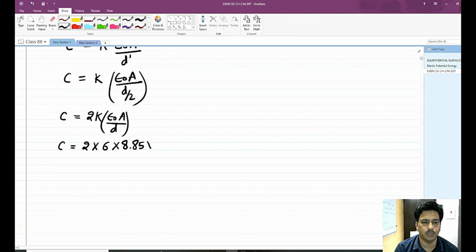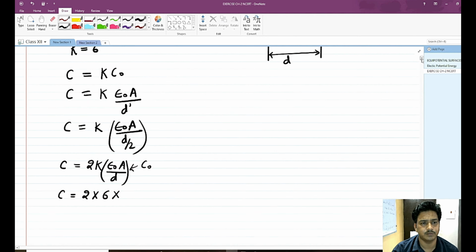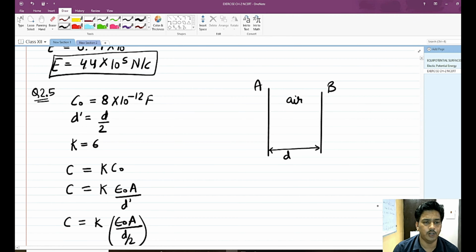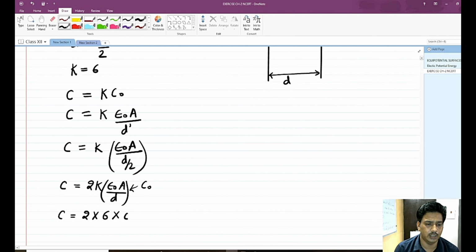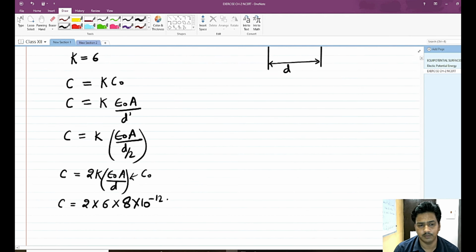8.85 into 10 to the power minus 12, or no need to put this value because we have the value of C naught. We have the value of C naught because this can be used as C naught, and the value of C naught in the question is 8 into 10 to the power minus 12 farad. So write here 8 into 10 to the power minus 12 farad.